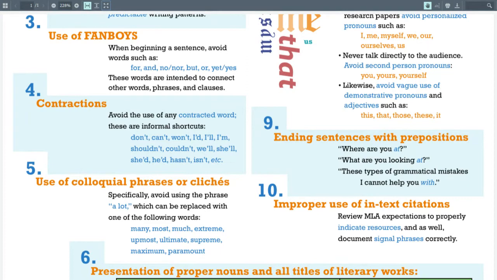If it's one or two sentences within the structure of the whole paper, that's fine. But if you have a bad habit and almost every sentence ends with a preposition, that's when you really need to rethink your writing process. I'll let you know if you have a problem with that, if you need to break a habit.